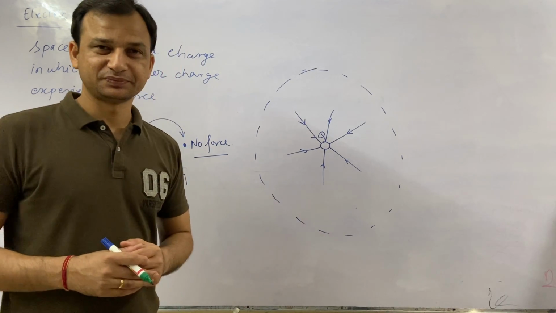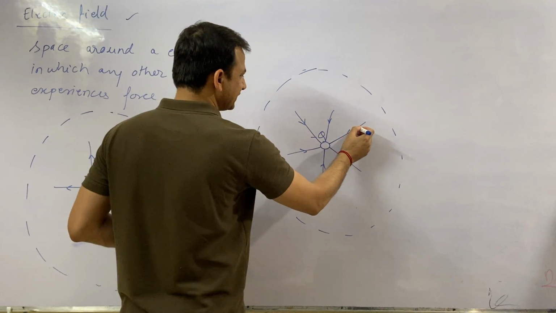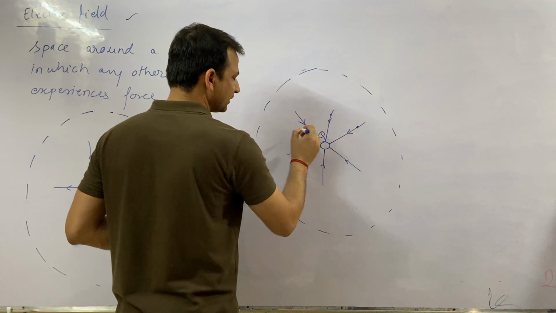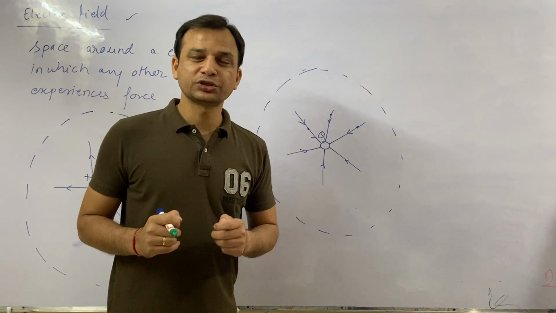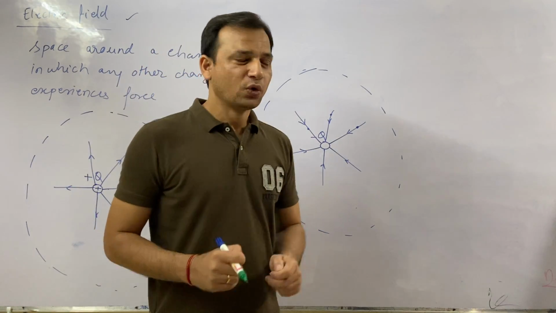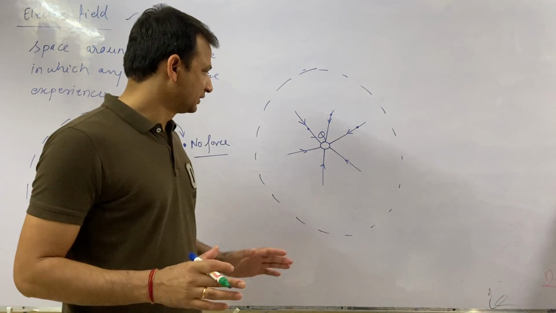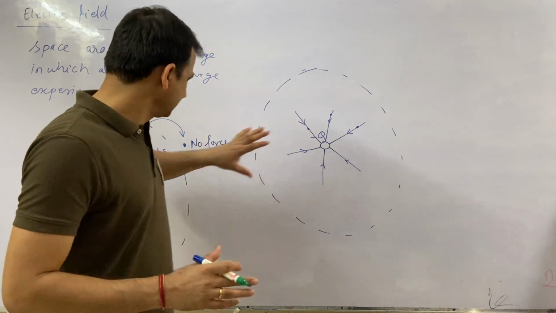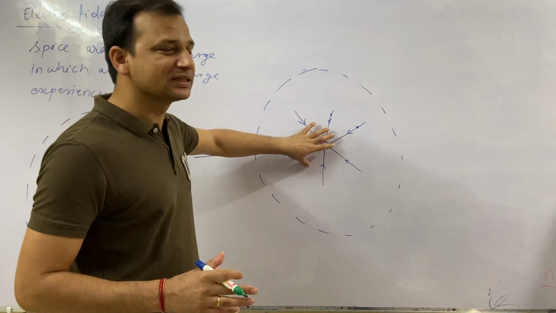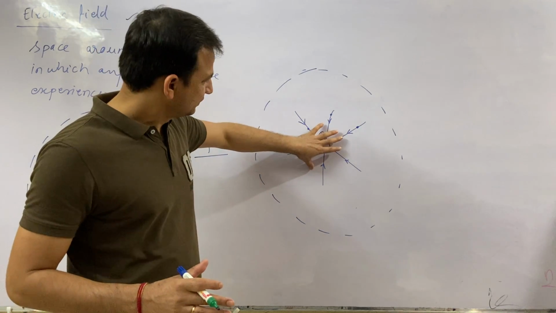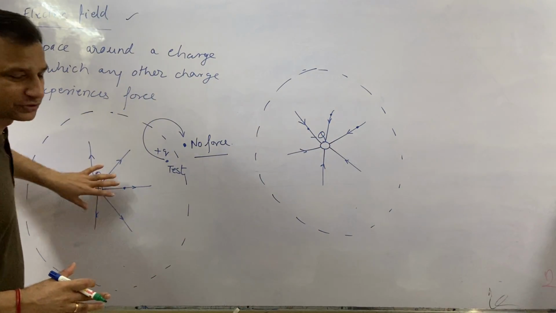What is the reason? The reason is these electric field lines here, here and here, they represent the motion of a positive charge which is kept independent of any other forces within this region, and the only force acting on that charge is this electric force.